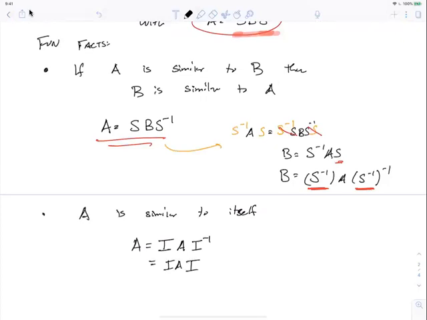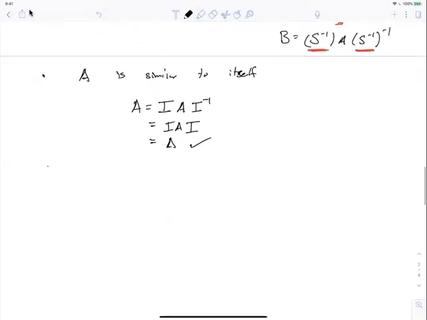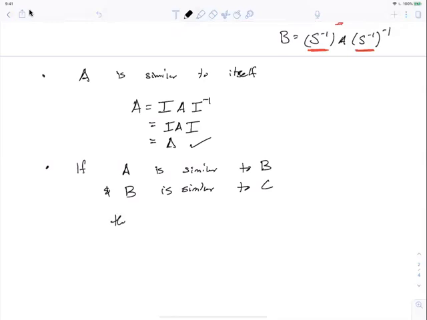The inverse of the identity is the identity, and the identity times anything is A. So that's going to hold. And the other thing is if A is similar to B, and B is similar to C, then A is similar to C.